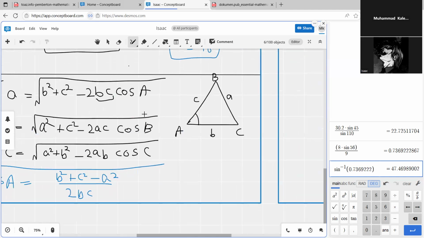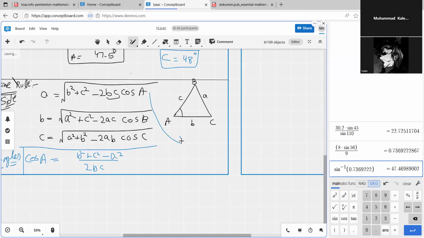I just rearranged this one. If you want to learn the rearrangement: a square is equal to b square plus c square minus 2bc cos A, right? What I did, I moved this 2bc cos A to this side and a square to this side.